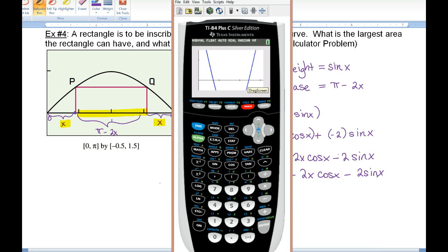This point over here isn't going to work, because this point won't make sense in terms of the domain. So we get 0.710.